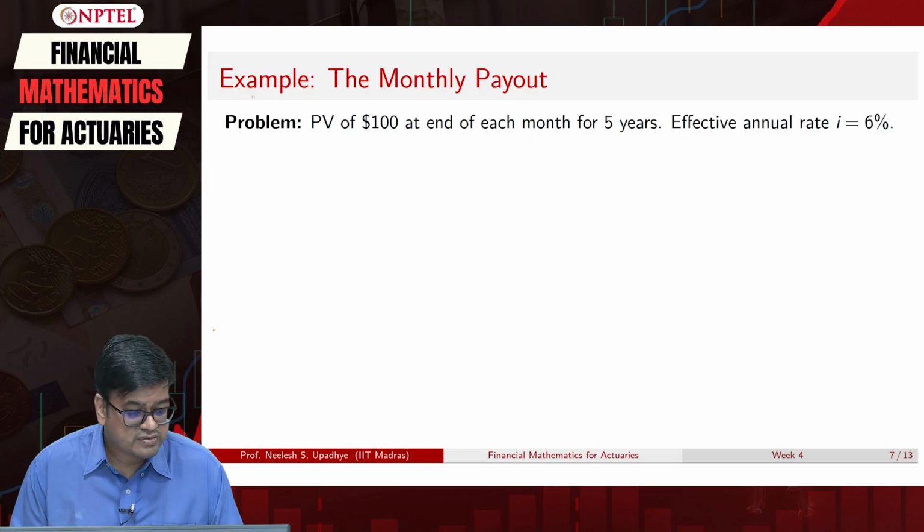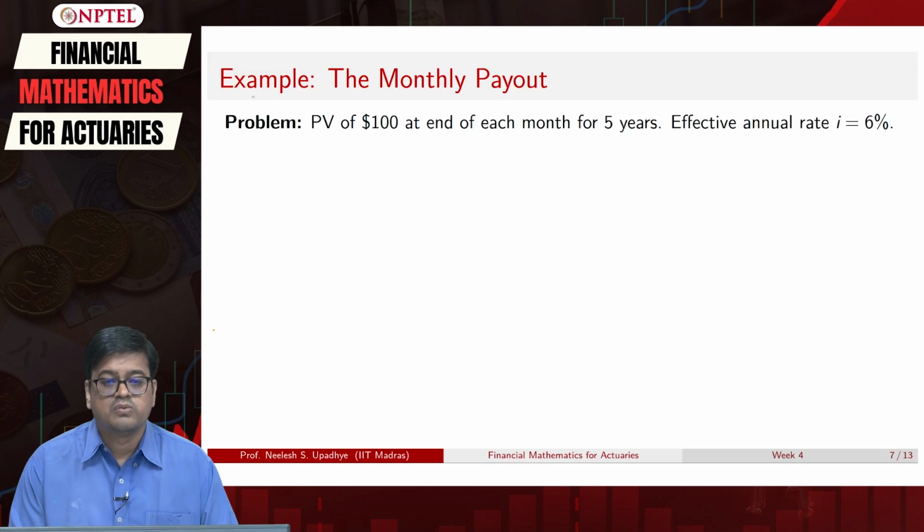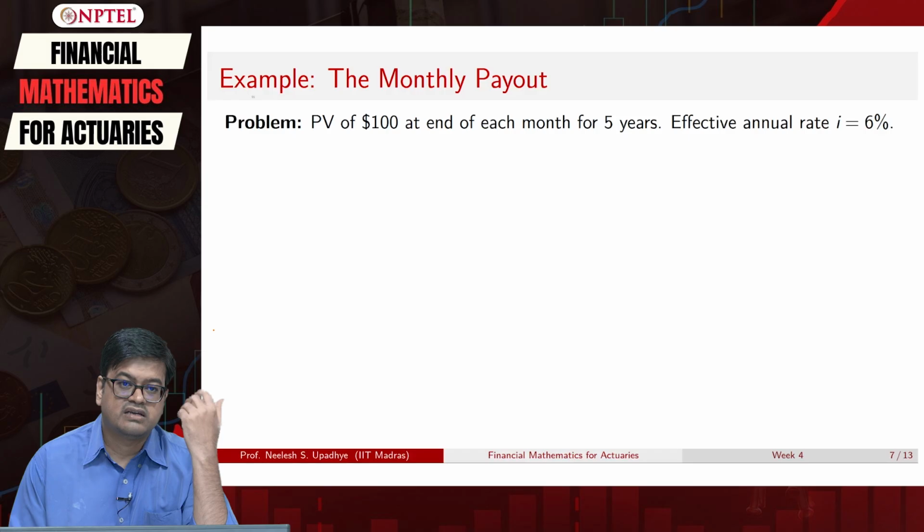So right now the problem is the present value of $100 at the end of each month for 5 years, which is what I need to compute. What do I need? I need the annual interest rate, or any interest rate. 6% is the annual interest rate. How many years are there? 5 years. And do I know how to compute present value?